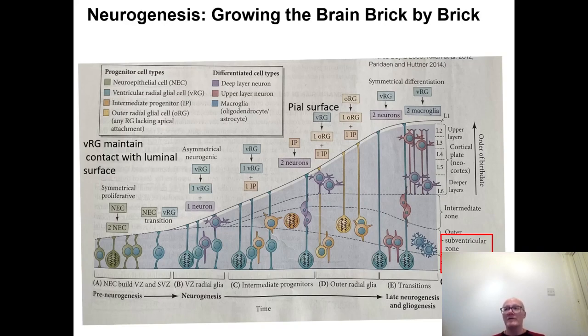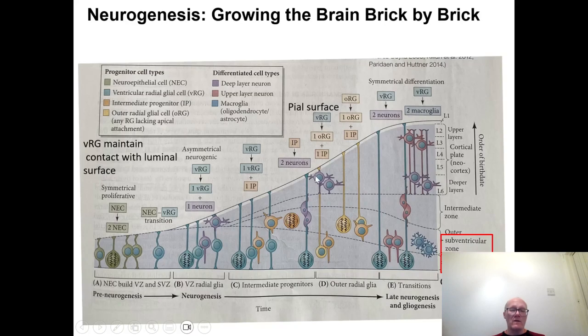In fact, often they divide only once, and the only kind of cells that they can make is neurons. So the IP cells produce neurons, but they don't divide too much, probably only once, producing these two neurons. The third kind of glial cells are the outer radial glial cells, or ORG.